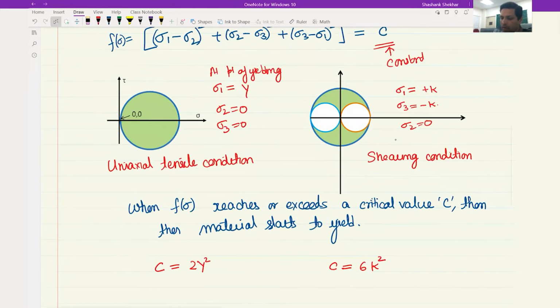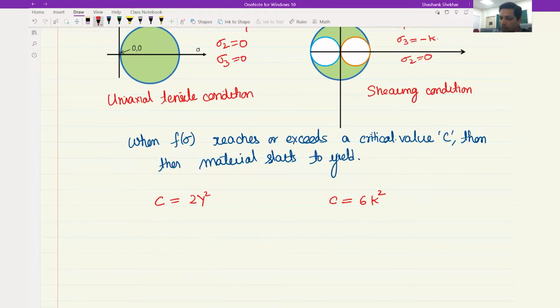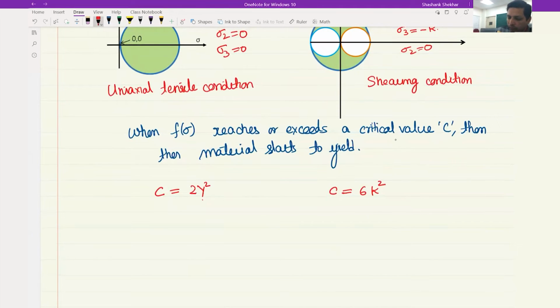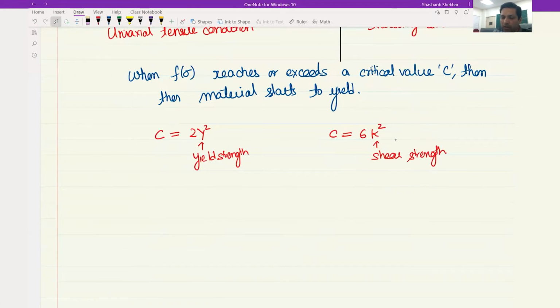It's a one-step process. So C is equal to 2Y square in terms of yield strength, where Y is the yield strength of the given material, and k is the shear strength of the material. Which means that based on this criterion, we get a relation between Y and k. And what is that relation?